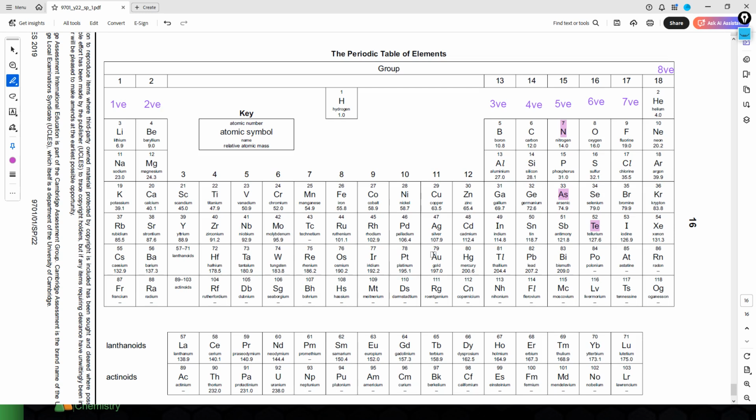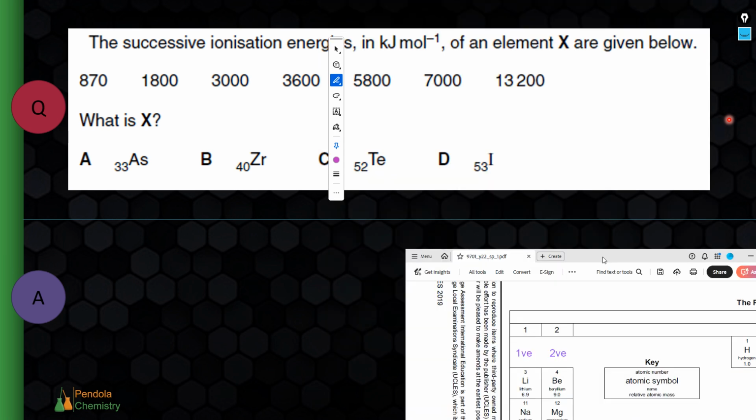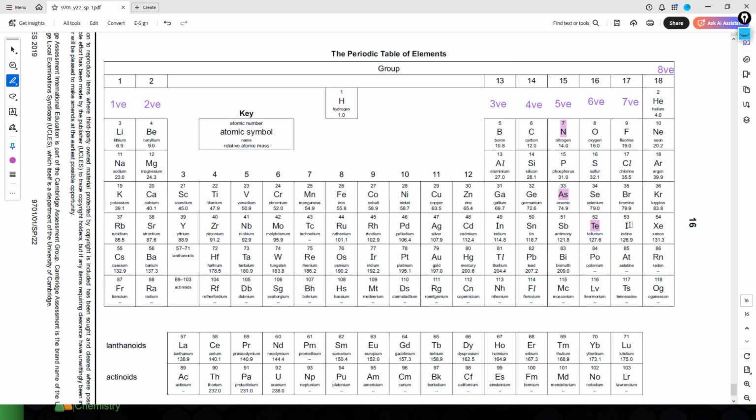Where's chromium? Probably should have highlighted this beforehand. Here's I. This is not one of them.